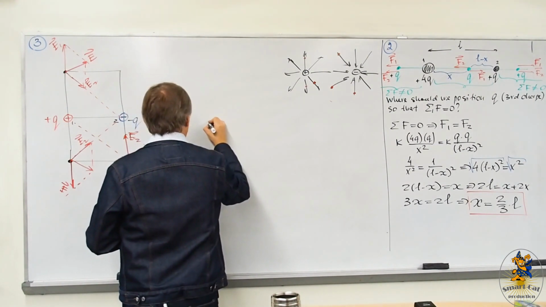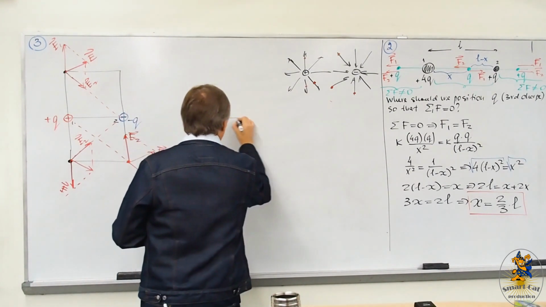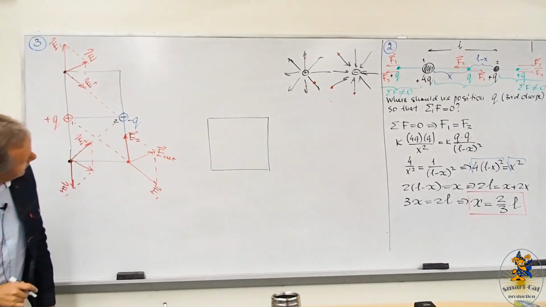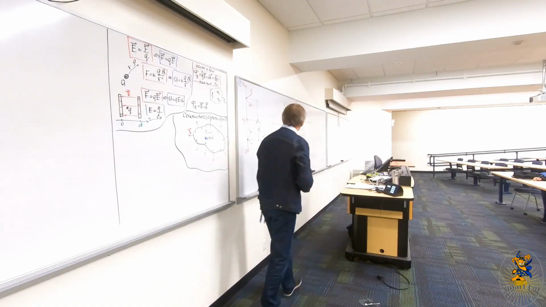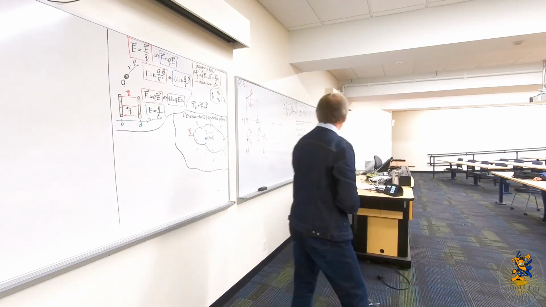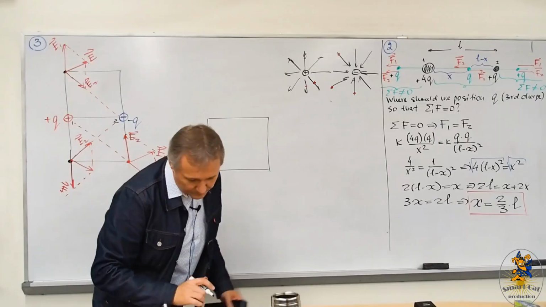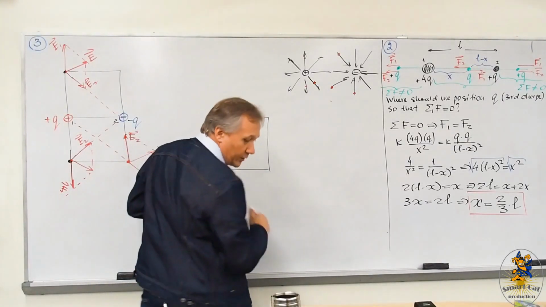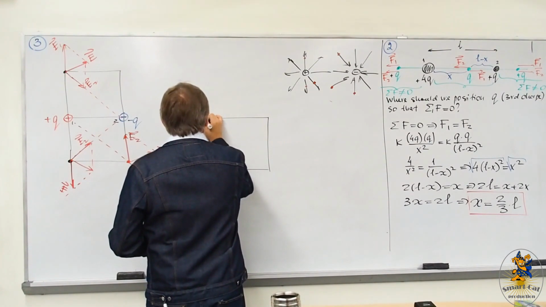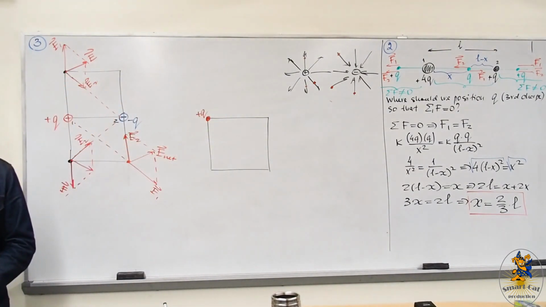All right, so now let me look at this situation. I will draw it here below. Again, a square, because of the symmetry it's nice to use a square. Okay, good enough. And now let me position charges at each corner of this square. Let me start with the positive, and the rest are going to be negative. So this is positive charge plus Q. They are of the same absolute value.